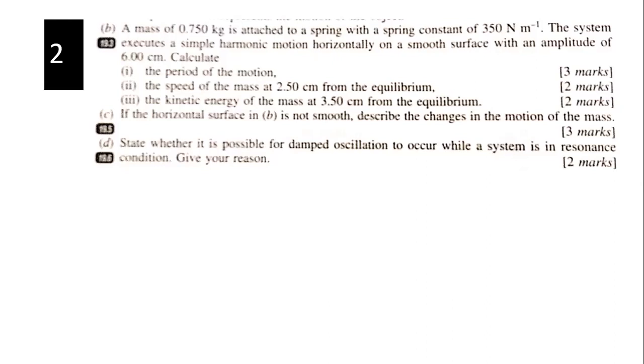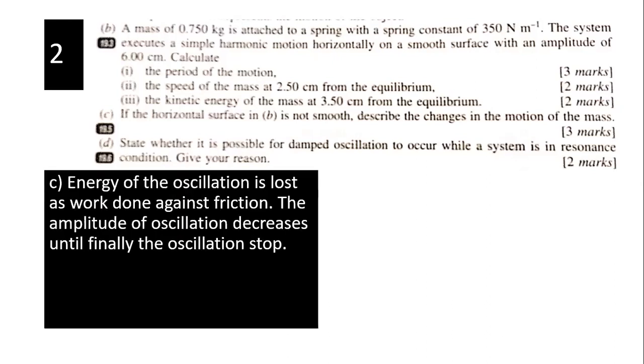Mass stops oscillating. Energy of oscillation is lost as work done against friction. So if energy is lost, the total energy decreases, so the amplitude of oscillation decreases until finally it stops oscillating.